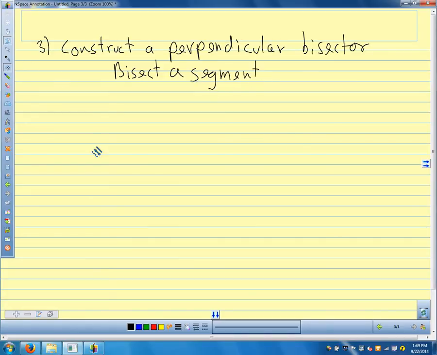All right, so here's the segment that I want to bisect. So what does bisect mean? Cut in half. We want to cut this in half.